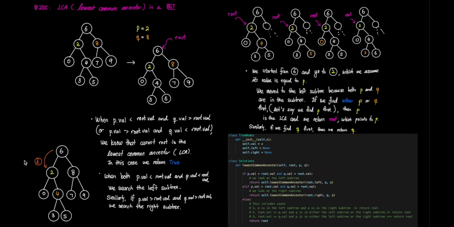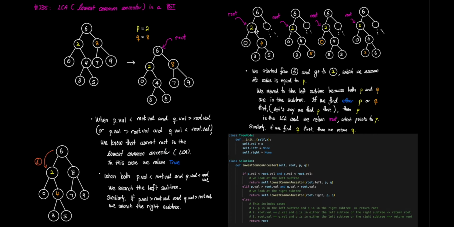If you look at here, both P and Q are on the same side, both on the left subtree, but here you have a split. So in this case, you return the root where the pointer is pointing. So here we return root.